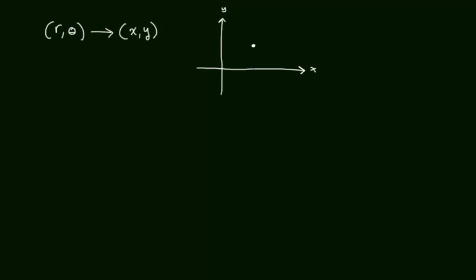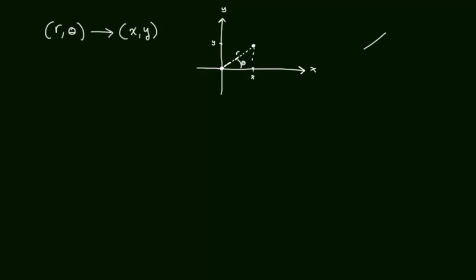That particular point has an x coordinate and a y coordinate. The distance from the origin to the point is what we call r, and rotating in this fashion, counterclockwise, is the angle theta.